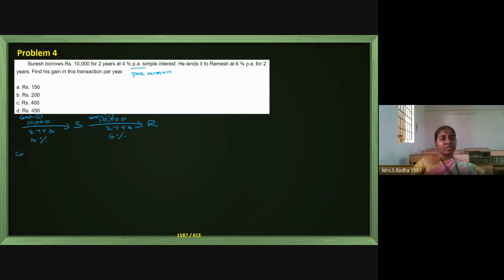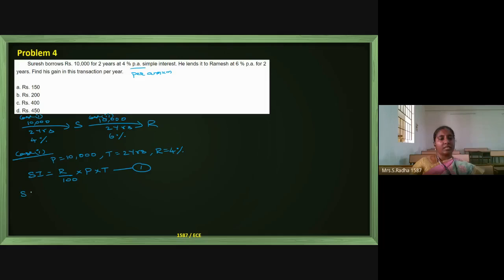Case 1: Suresh is getting an amount of 10,000. So the principal amount is 10,000, the time is 2 years and the rate of interest is 4%. We know the formula for simple interest, R by 100. One single formula I told you; this entire topic deals with this one single formula, equation 1.